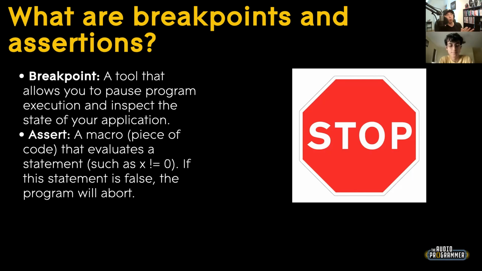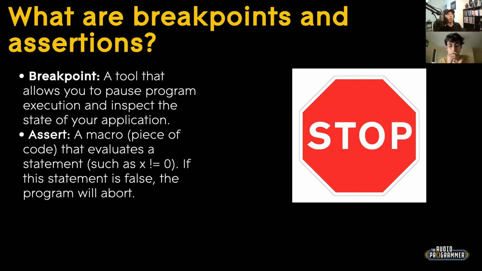This is a handy tool that we can use to ensure that our code is valid, or that we're getting values that we are expecting at a certain particular point in time. And if those values are not what we're expecting, then the program will stop execution and say, hold on, this statement is false, and your program will abort.